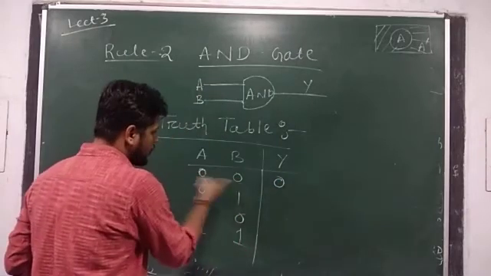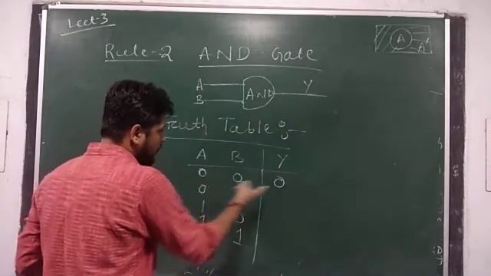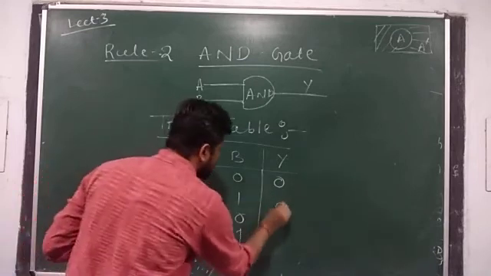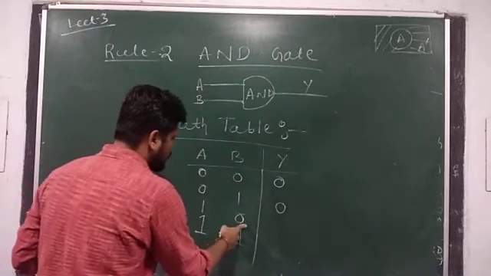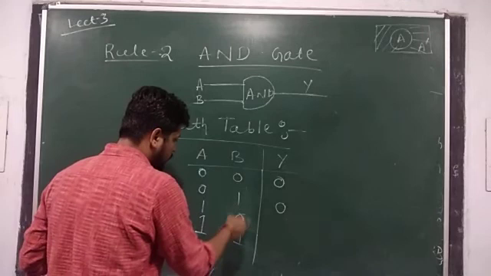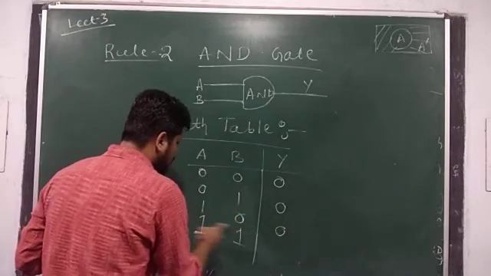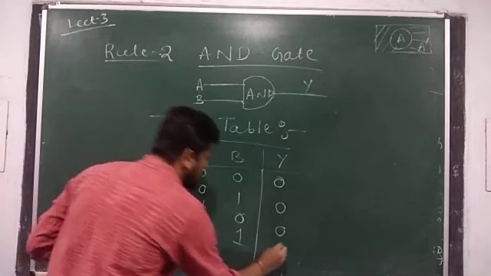That is the only condition at which this AND gate's output will be 1. When both the inputs are 0, obviously the output will be 0. Here one of the inputs is 0, so the output will be 0. Here also one of the inputs is 0, so the output will be 0. Here both the inputs are high, 1 and 1, so the output will be 1.